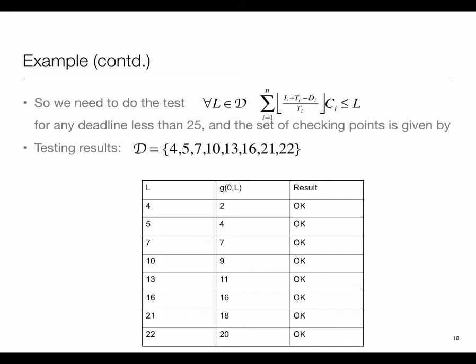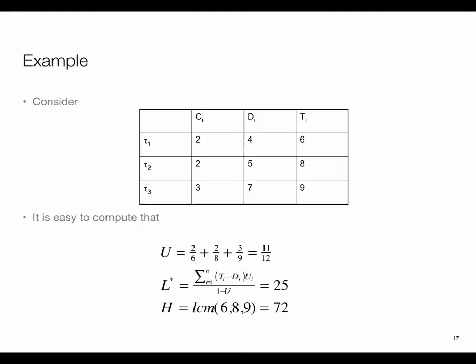The typical approach was to start out by saying we don't need to check beyond the hyper period. Then there was also this additional L star, another limit we had derived, and we only need to check up to that. So from 0 through the minimum of L star and the hyper period, you check at all possible deadlines.